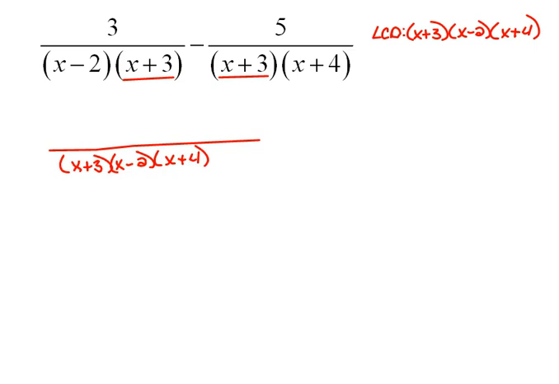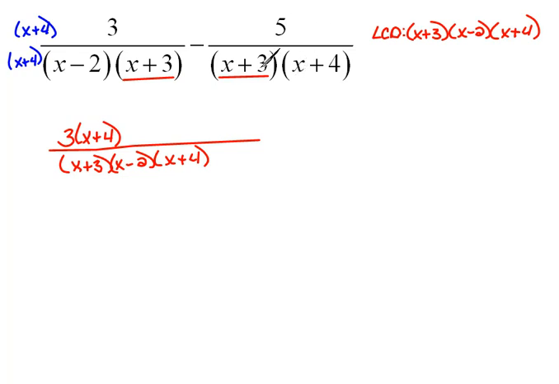So our common denominator was x plus 3 times x minus 2 times x plus 4. Now let's look at this very first fraction. What do we need to multiply this denominator by so that it becomes the common denominator? In this case, that would be x plus 4. So we have to do the exact same thing to the top, so our numerator would be 3 times x plus 4. Now let's look at the second fraction.